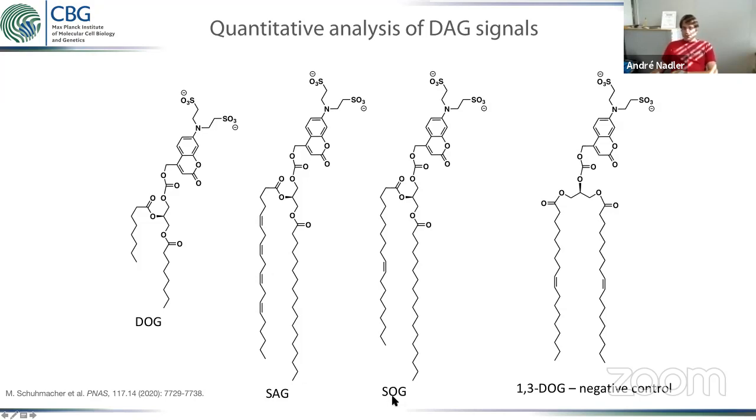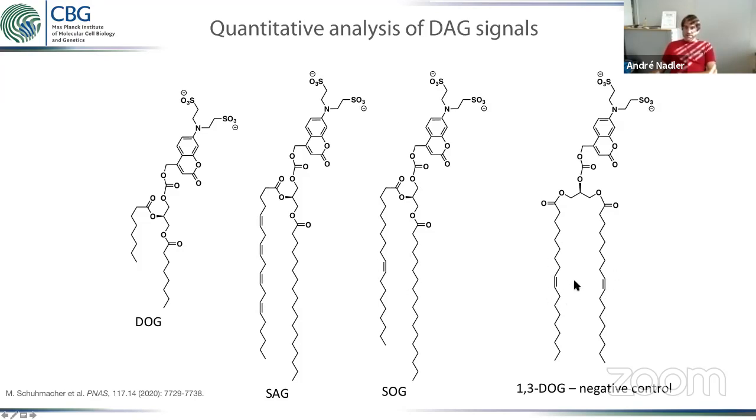And stearyl oleoyl glycerol, which just has a single double bond and a saturated second chain. So this essentially gives us 3 distinct combinations: a short chain saturated one, a long chain very unsaturated one, and a long chain almost saturated species.